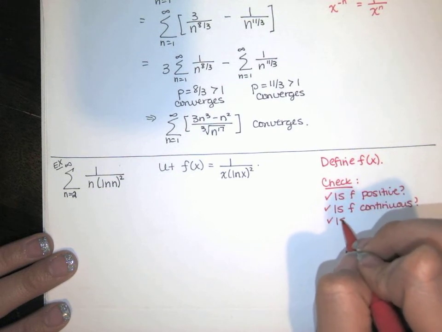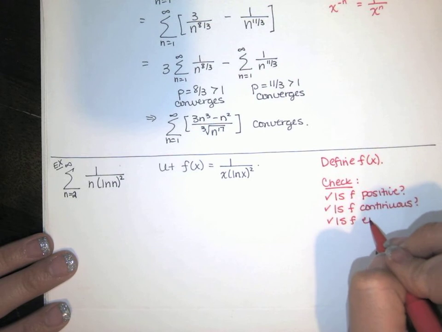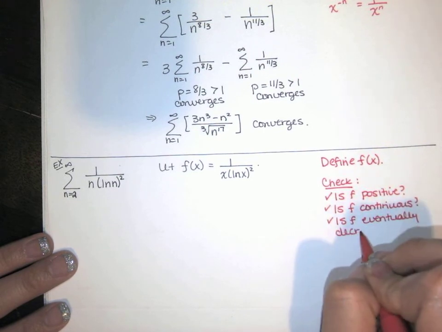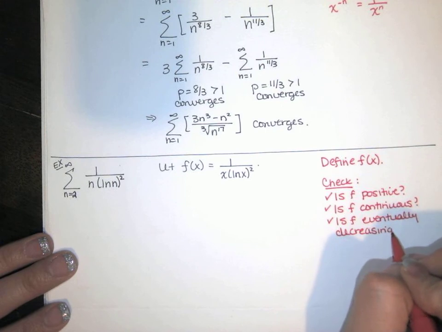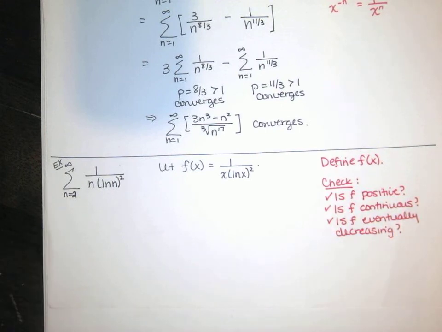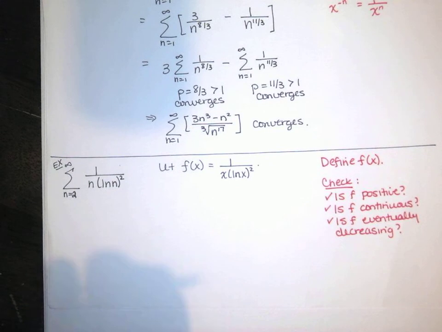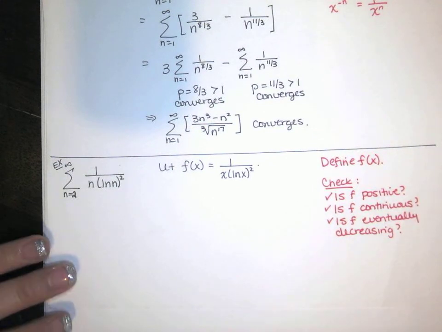And is f eventually decreasing? If it is, then we can go ahead and evaluate the integral from 1 to infinity of that, and however that integral behaves is the same way that that series behaves. So you need to check all of these qualifiers.